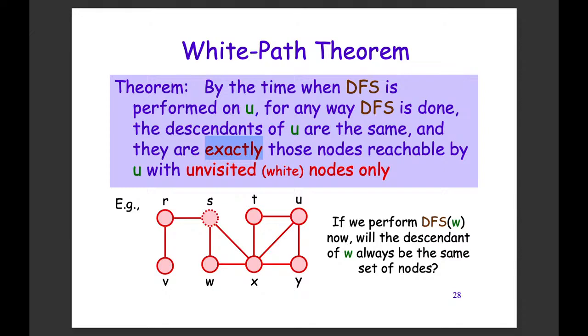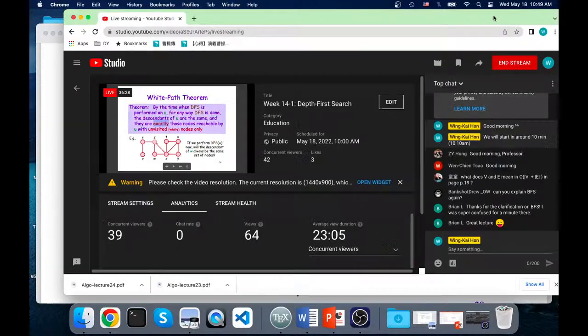If it is visited, then we must have a way of discovery from this node to another node, this node to another node. But this discovery process can only visit white nodes. So if a node is discovered, then it is connected by a white path.